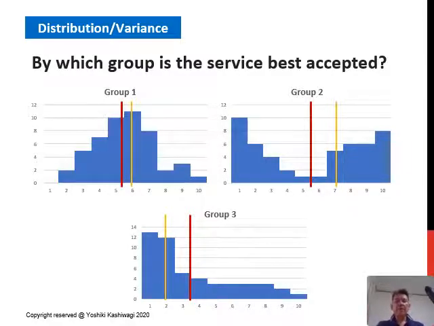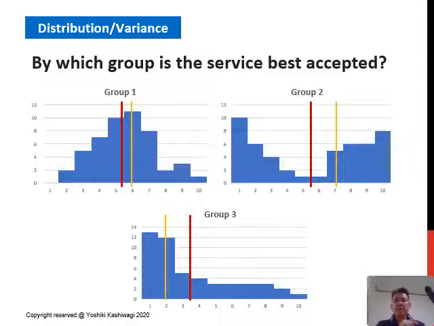Okay, if you talk about group 1, yes, the majority of the responses are around 5 or 6. It's close to the average or the median. But if you look at group 2, what can you say about the result? What was the perception of the people of this service?